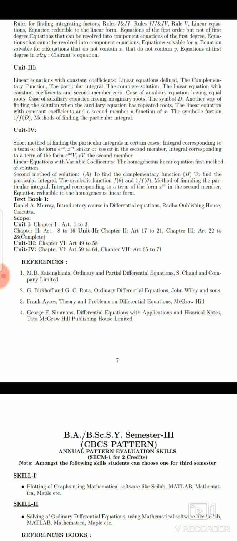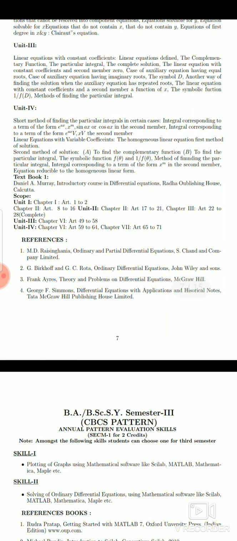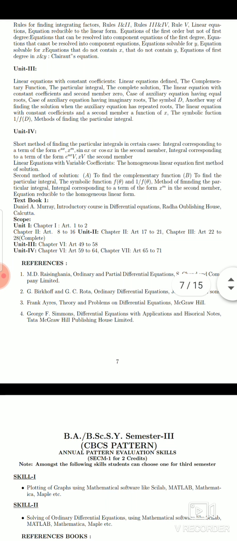Next article, linear equations with variable coefficient. The homogeneous linear equation, first method of solution, second method of solution to find the complementary function, and to find the particular integral.